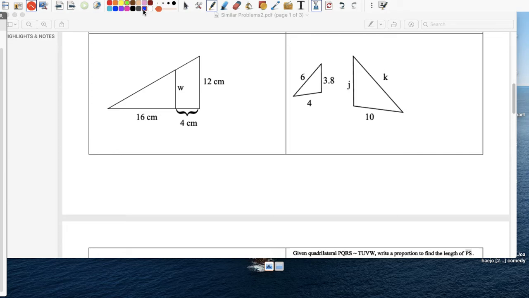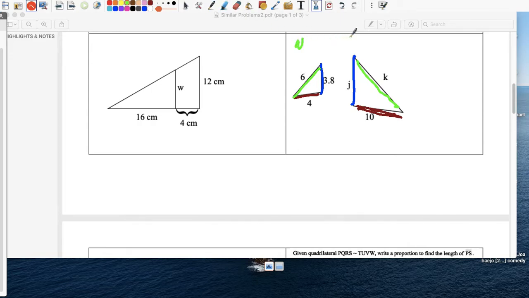Okay, so this one again, the most difficult part, I always think, is to find the corresponding side. So use colors if you can. This is this. Those two sides are corresponding. This side corresponds to this side, and I'm going to use green for the last two corresponding, and that corresponds to that. So let's set our proportion.